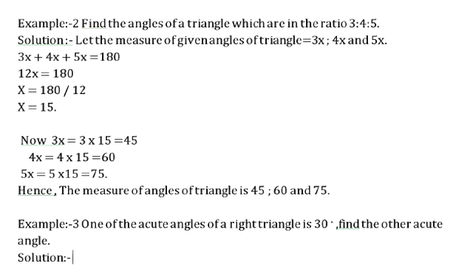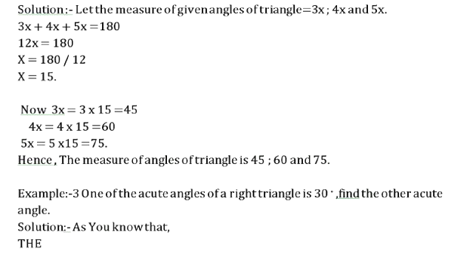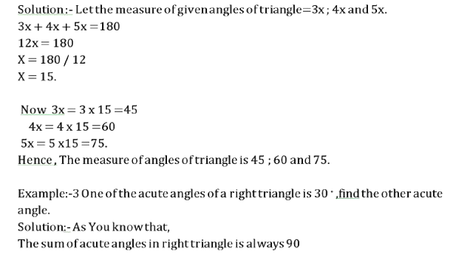So as you know, the sum of acute angles in a right triangle is always 90 degrees.